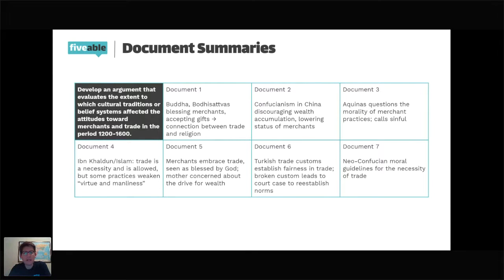So we want to think about the context in which the source was created, the time period that it's made, and how Buddhism spread. Overall, we see a pretty accepting view of merchants and trade, which would have also encouraged more trade, perhaps creating more wealth, which in turn is being donated to the temple in the image.